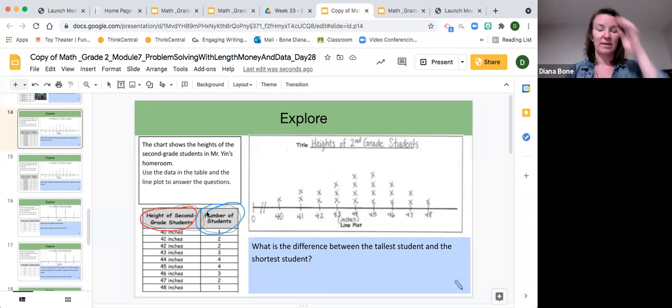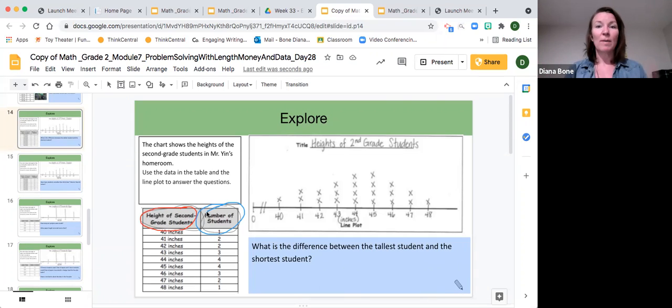If you don't understand whether the X's represent the students or the heights, you're going to have a really hard time solving problems, because you won't understand when to count the X's or when to count the numbers.